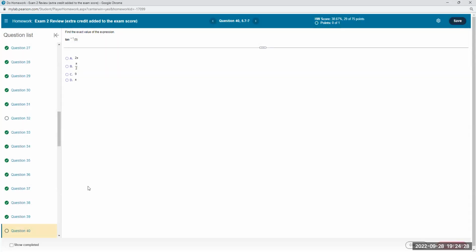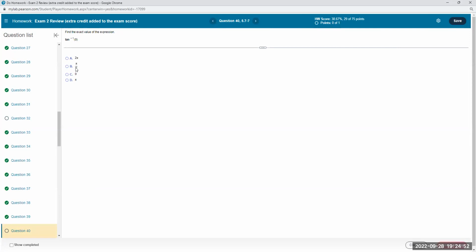Now, the only way that we're going to get 0 is if y is 0 and x is 1 on the unit circle. When y is 0, that is on the x-axis. You might ask, what about over at pi?